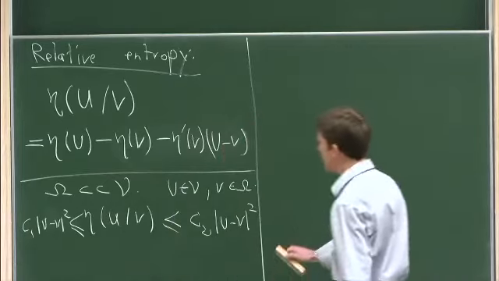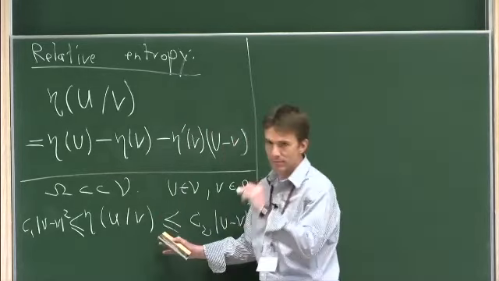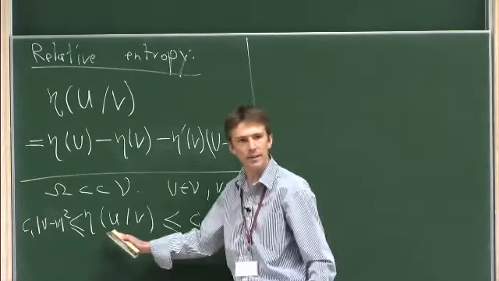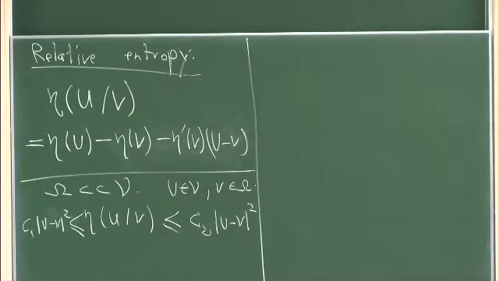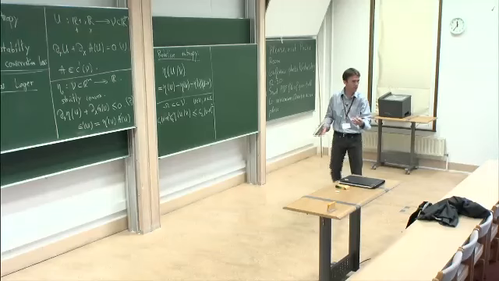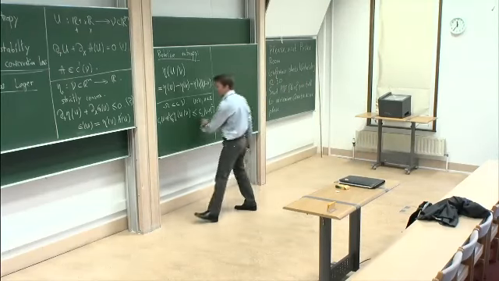So this is basically why this quantity is interesting. In the context I will use it, it's interesting because it's a kind of distance squared. So you can use it as a natural distance associated to the system.